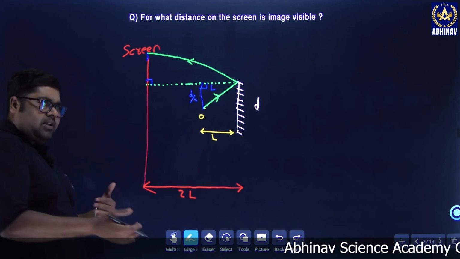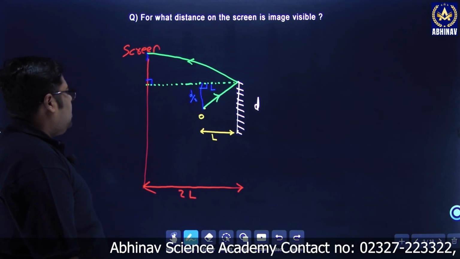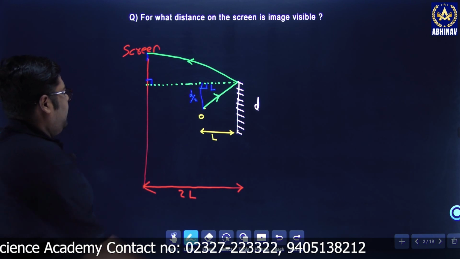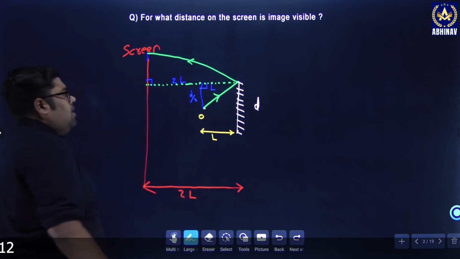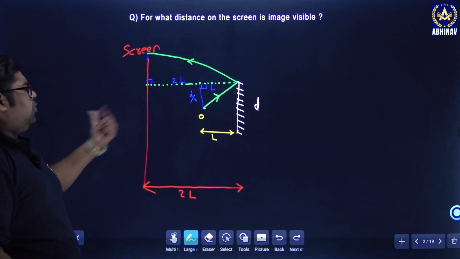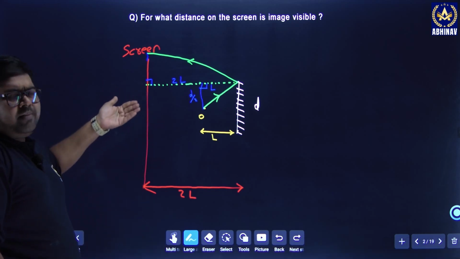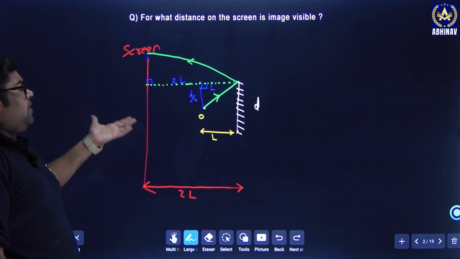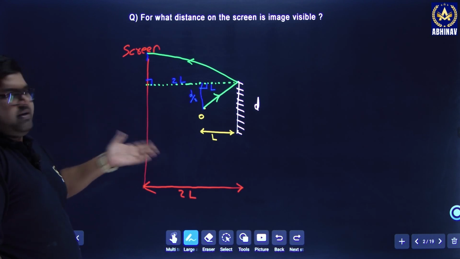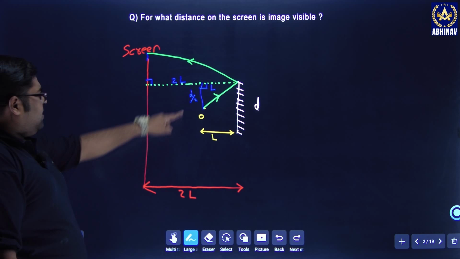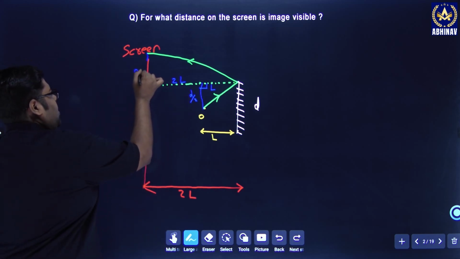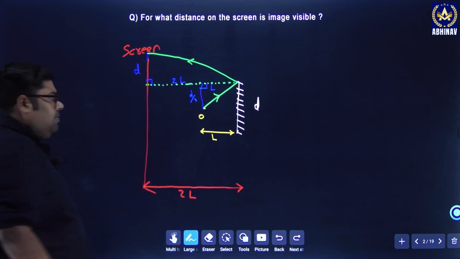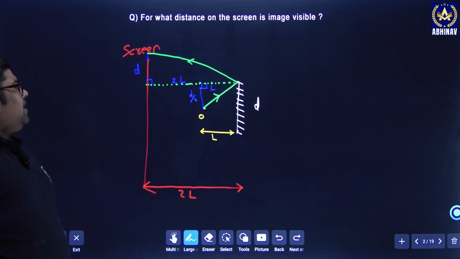As this is L, its side is 2L. If you take the ratio of both of them, L divided by 2L, the ratio we are getting is 1:2. So if this side is d/2, what is this side supposed to be? This side will be d, by the property of similarity of triangles, right?